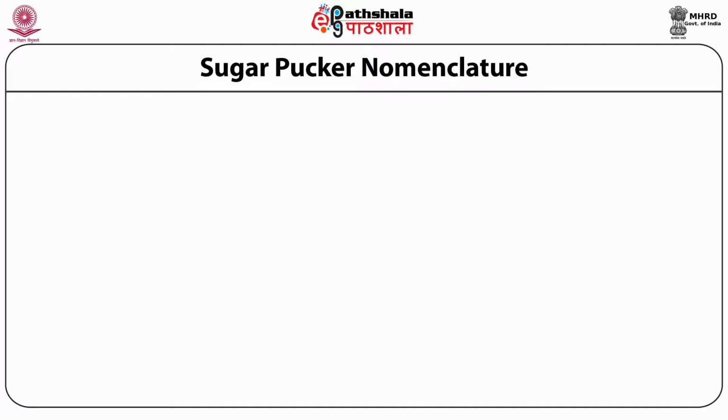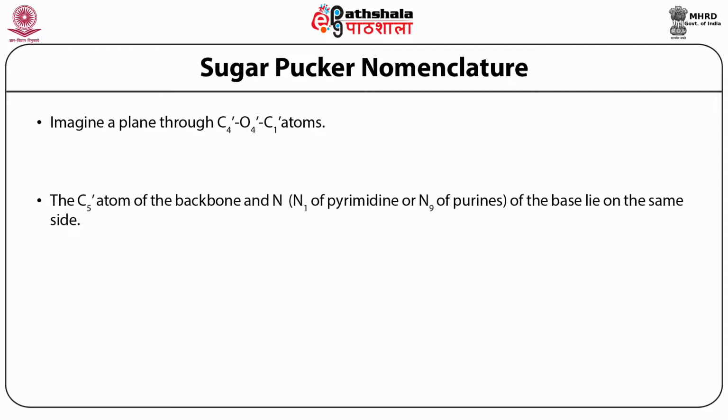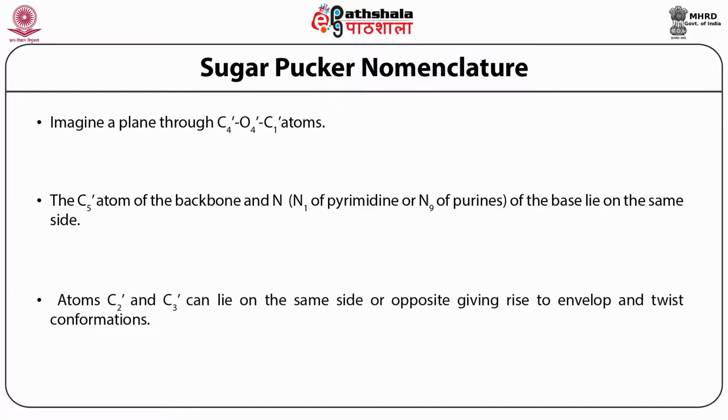Sugar pucker nomenclature. As we have discussed earlier, we imagine a plane through C4', O4' and C1' atoms. The C5' atom of the backbone, and N, that is N1 of pyrimidine or N9 of purine, lie on the same side. Atoms C2' and C3' can lie either on the same side or opposite side, giving envelope and twist conformations.